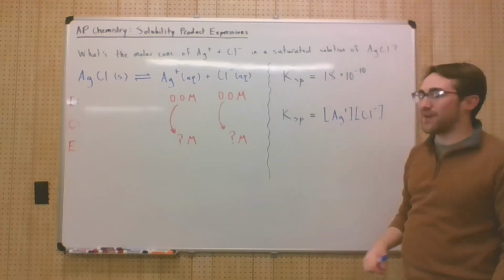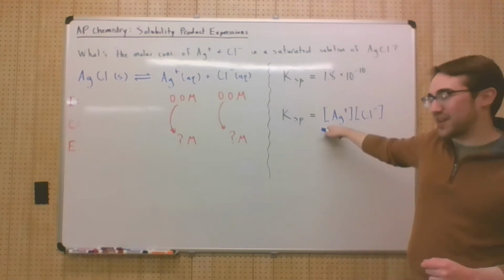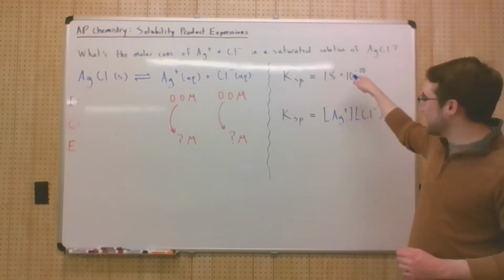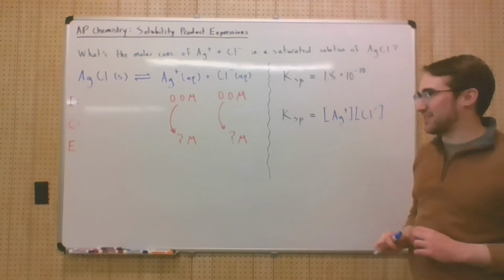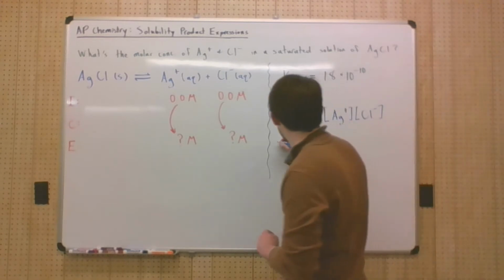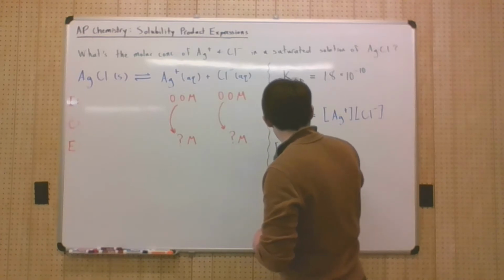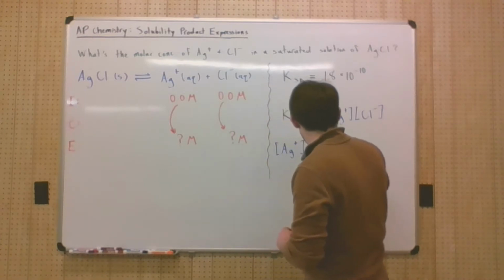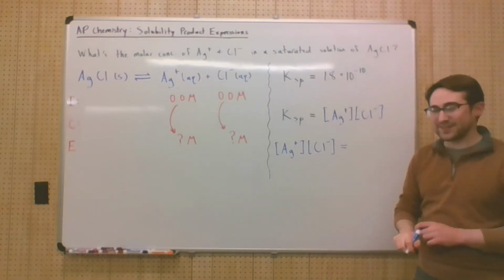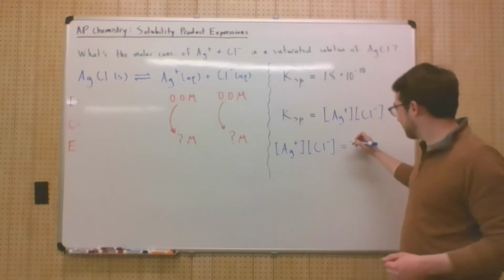We have the Ksp value already, so this silver ion concentration times the Cl- concentration should come out to be this number here. So we're going to need to use that. Okay, so let's set that up. The product of these Ag+ and Cl- is going to be this 1.8 times 10 to the negative 10.